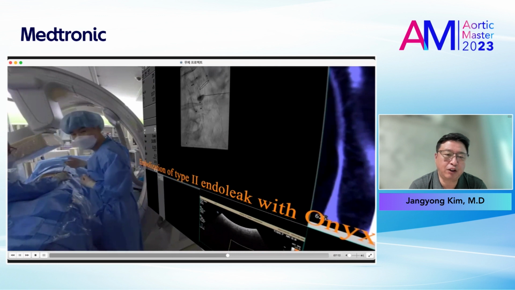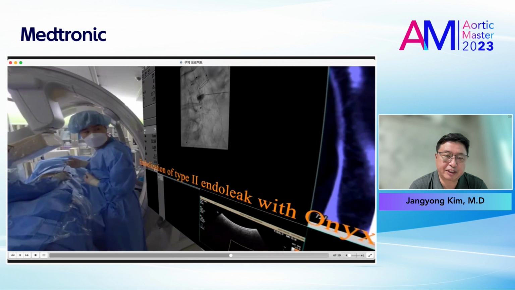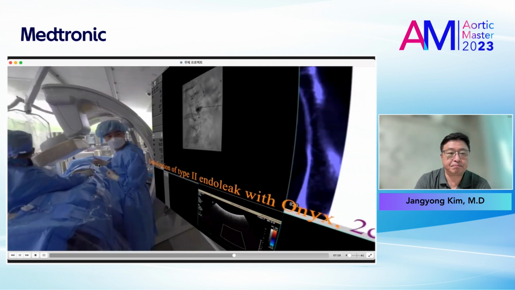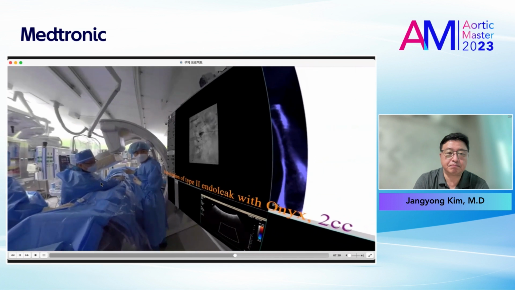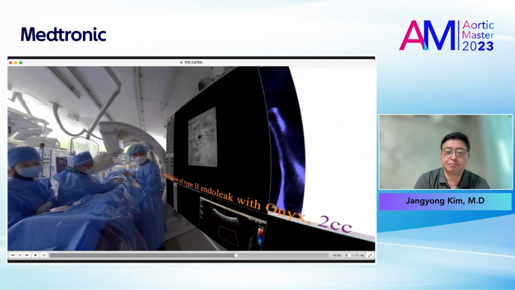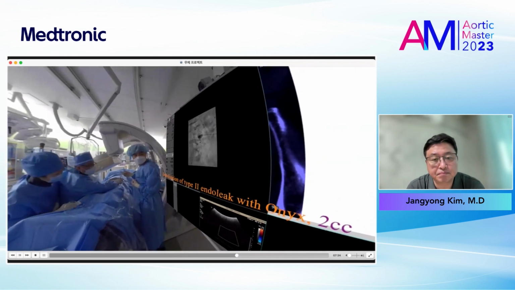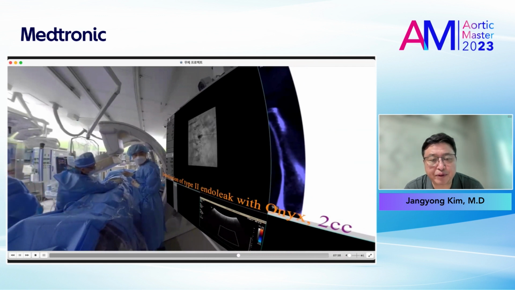because it can be washed out and pass through the other arteries, and there is a risk of embolization. So slow infusion is very important. Onyx was introduced and is reimbursed by the health insurance nowadays.